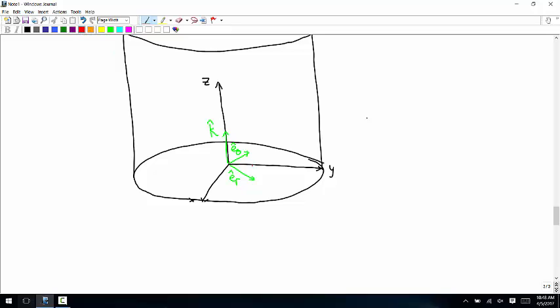And if this is the object you're tracking, its location is measured as a distance along e_r, and then a distance along the z-axis.